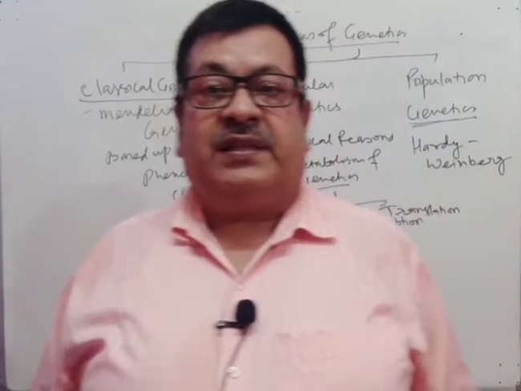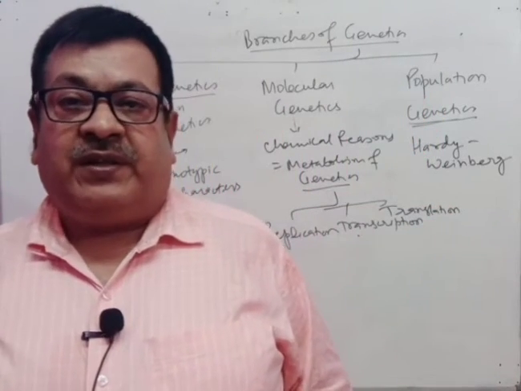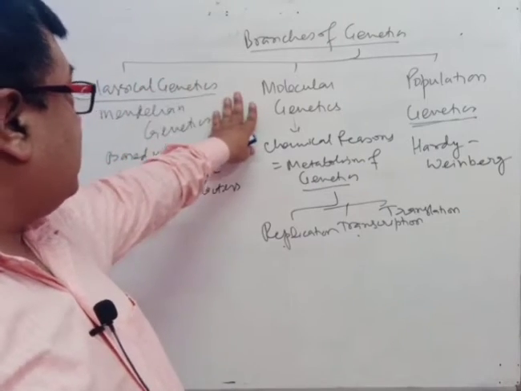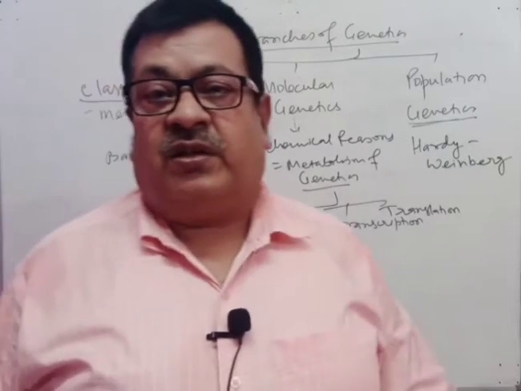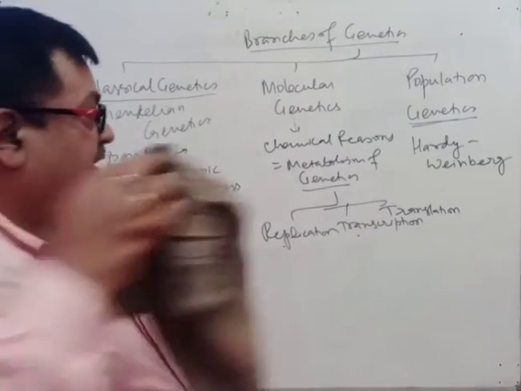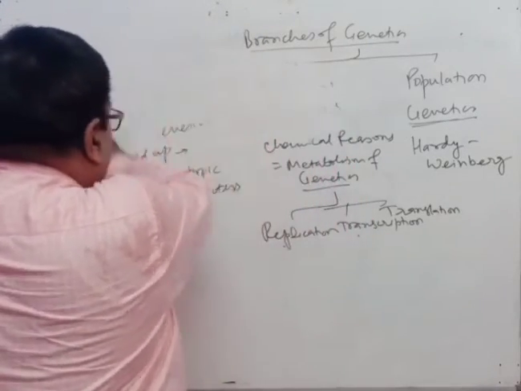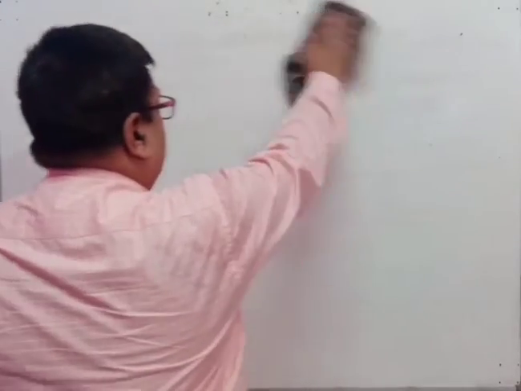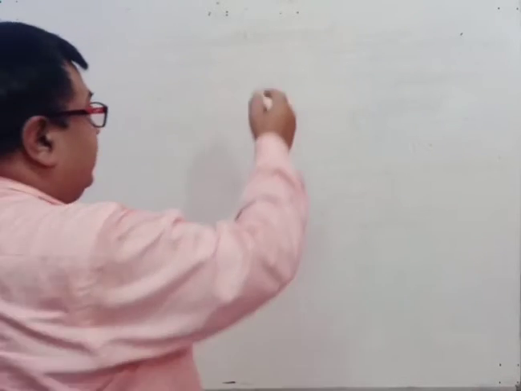Other than these branches, there are also different bases of classification of genetics, but let us first start with classical genetics or Mendelian genetics. Okay. Out of these three branches, we are going to reveal first of all Mendelian genetics.